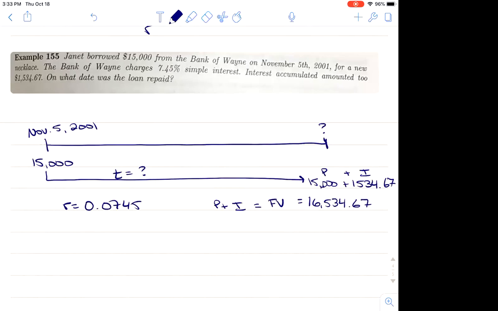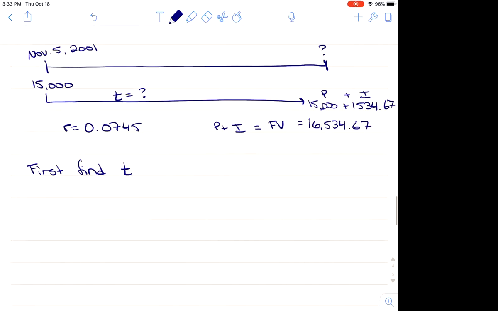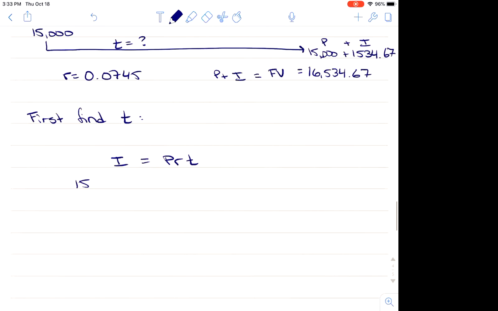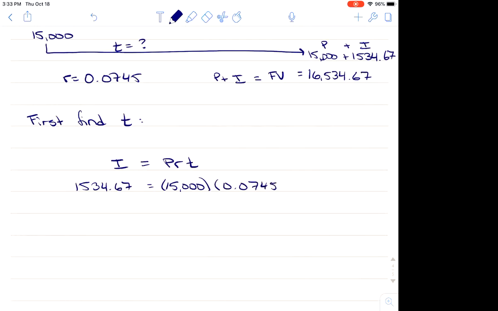Okay, so first thing we're going to do is find T. So we know I is P times R times T. We know I is 1,534.67, P was 15,000 and the rate is 0.0745 times T, which we have to solve for.